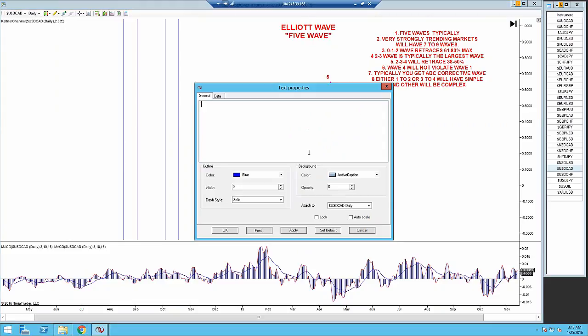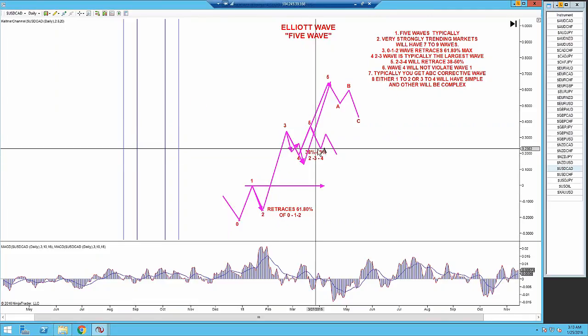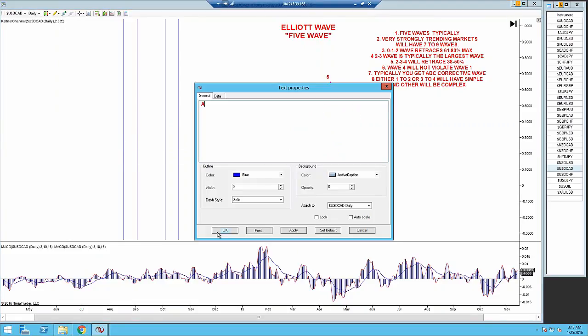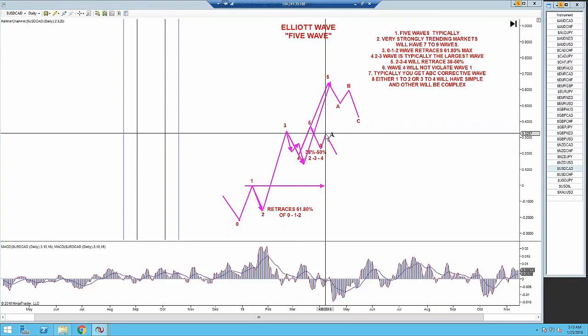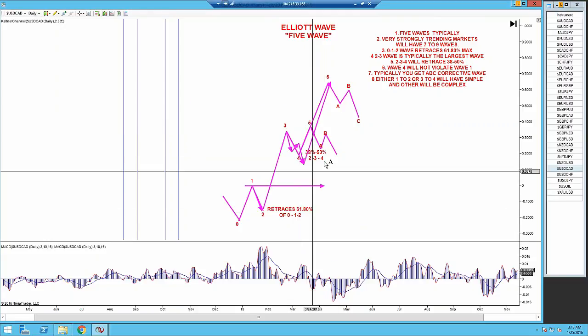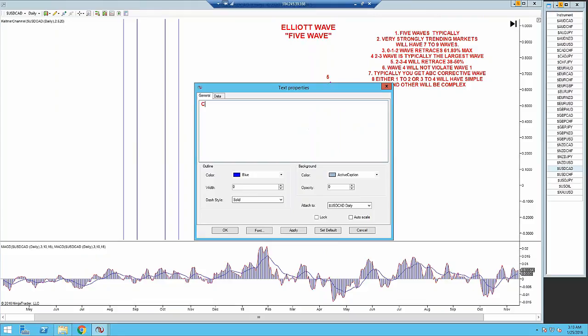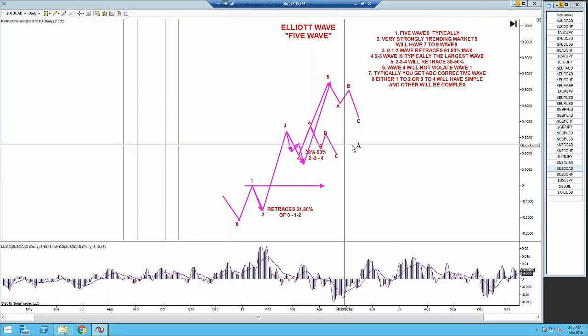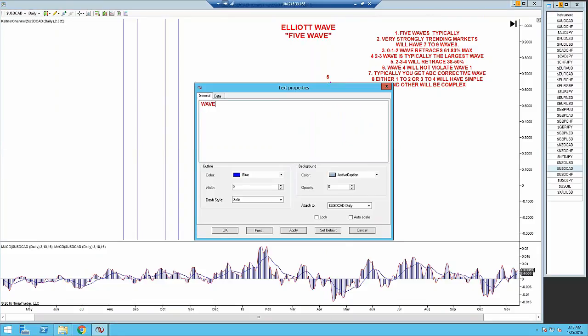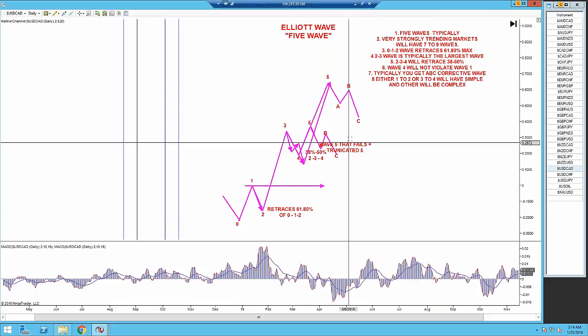This could be a 5, and then that would be an A, B, C. Wave 5 that fails equals truncated 5. You'll see that, a wave that fails.